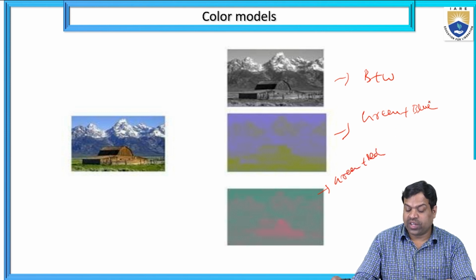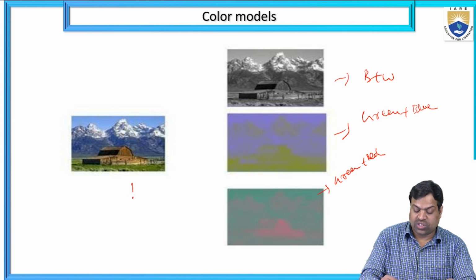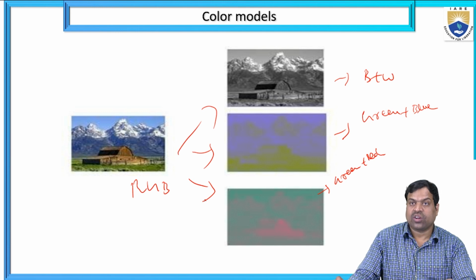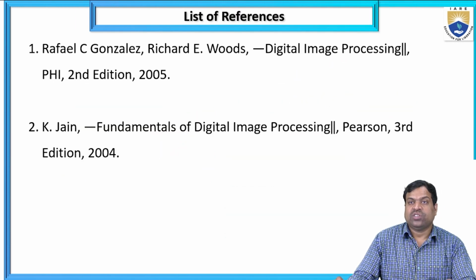So these are the different color combinations from RGB, red, green, blue, to different color combinations. So these are the references.